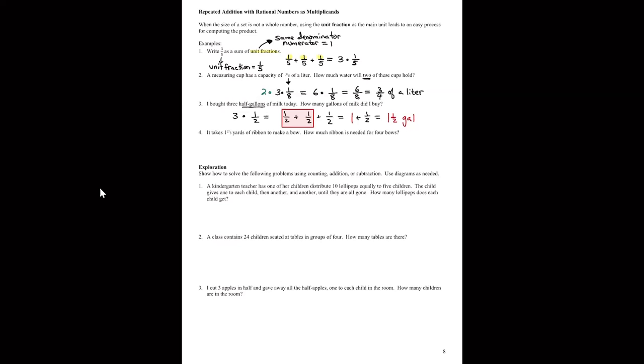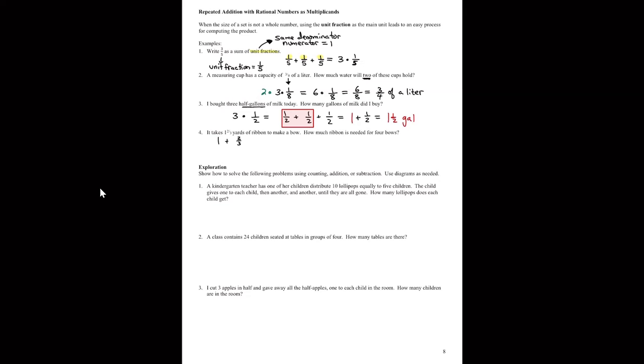So for number 4, it takes 1 2/3 yards of ribbon to make a bow. How much ribbon is needed for 4 bows? So I'd look at this and I'd say, all right, well, 1 2/3, that's 1 plus 2/3. Now that 1, we're decomposing it, we're going the other way.